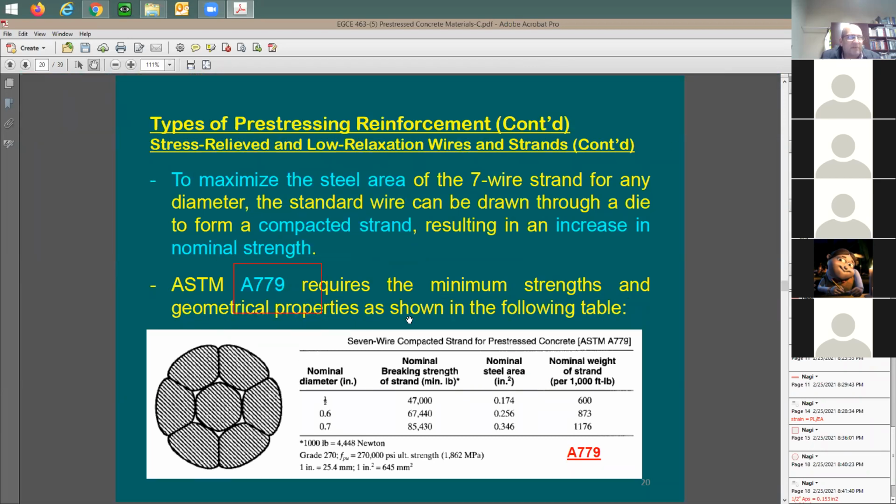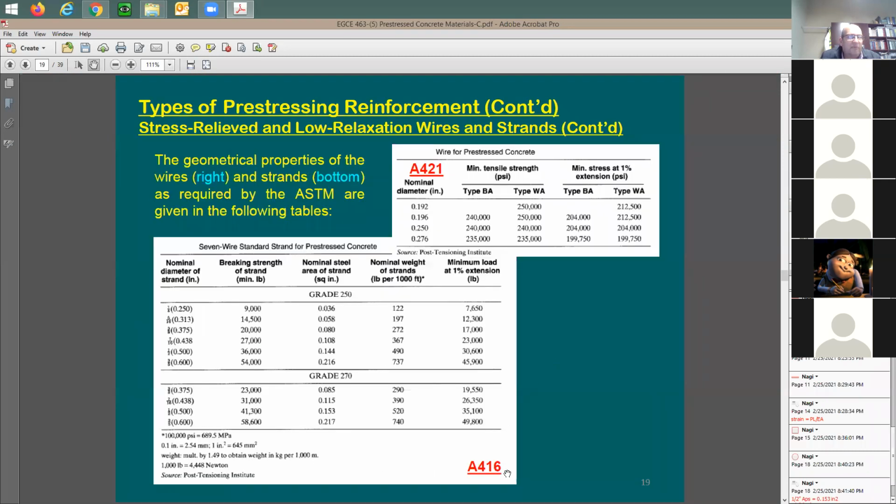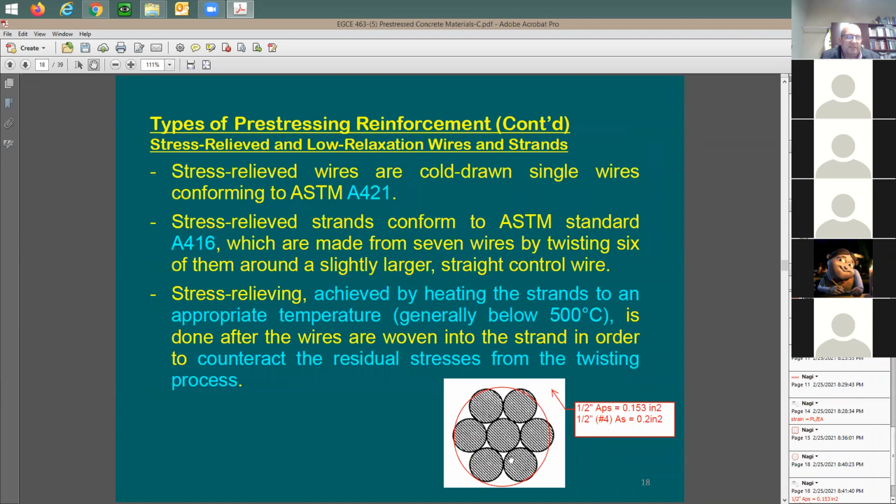We're not going to be doing this. So usually the one that we're going to be using is the 416, which is this guy here. It's just a strand, twisted wires, 7-wire strand. This is the official name of it. So it's made out of 7 wires, and the total effective cross-section area for all the wires is the one that you use in your analysis. It's going to be 0.153.